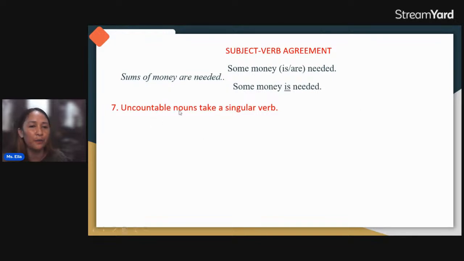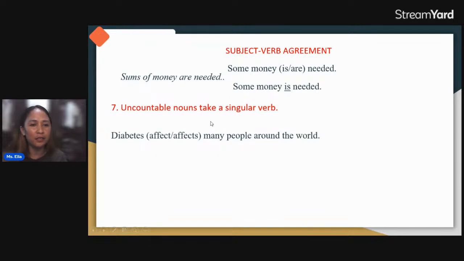If it's only some money, money is considered an uncountable noun, so it takes a singular verb. But if we delete some and put sums of money, then we take a plural verb, are. I hope it's clear.